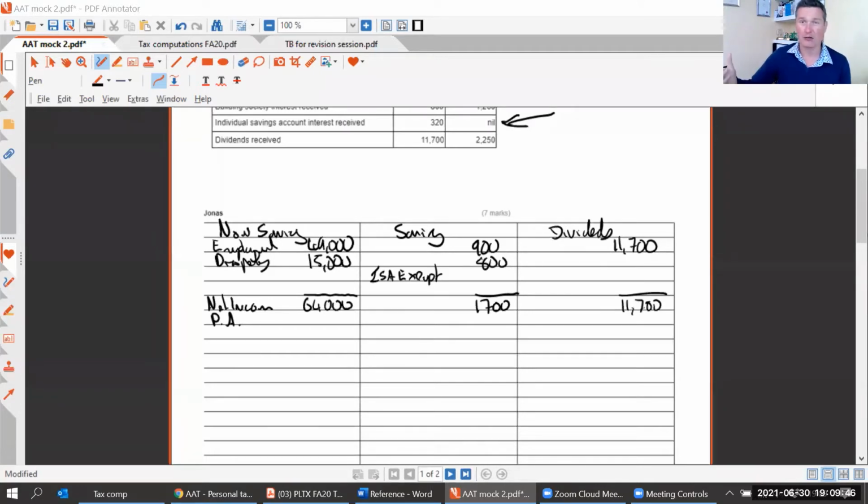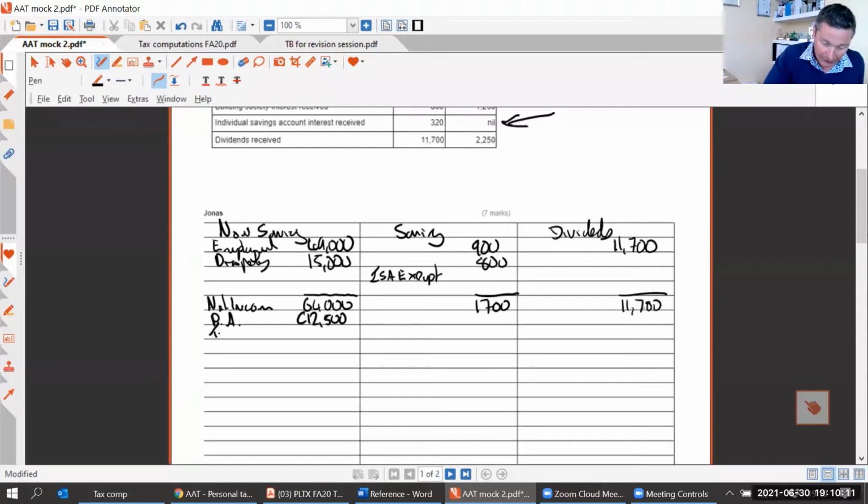I can't remember off the top of my head what it is, but it's clearly nowhere near £100,000. So we're not going to restrict it, but the personal allowance is the next thing we're going to adjust, because we take that £12,500 and take that off to come to our taxable income.